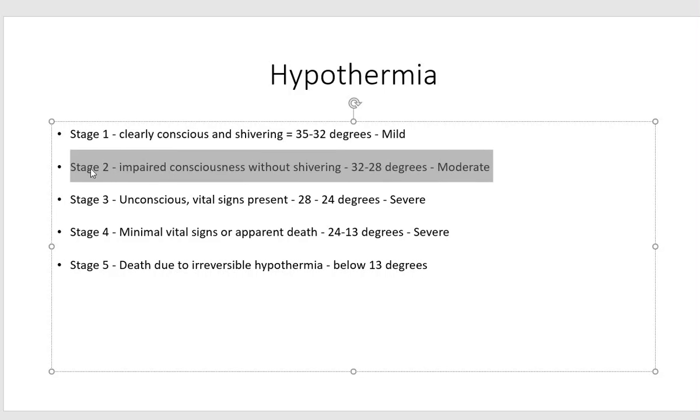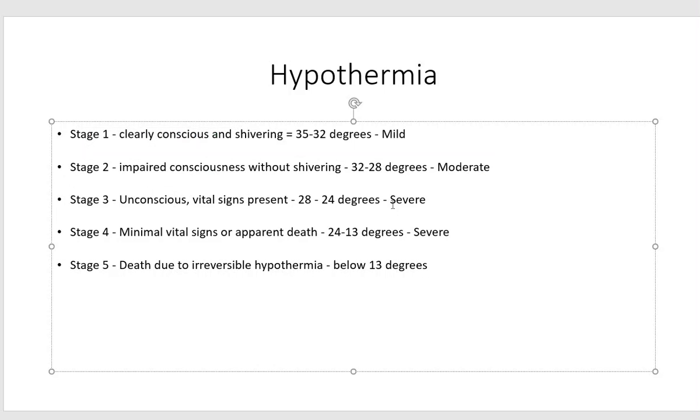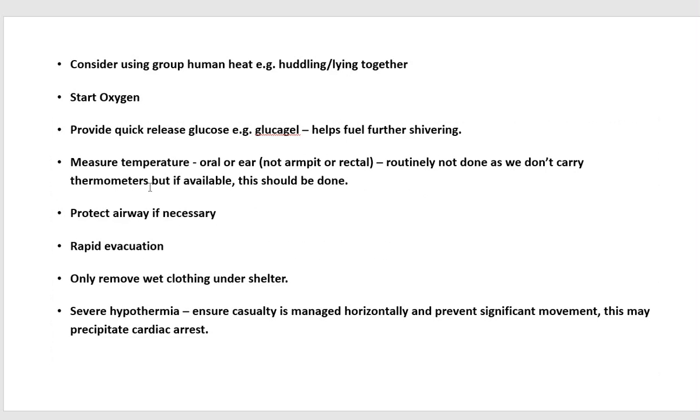Some of the teams may have seen some sort of stage 2 this winter gone by, and I'd be surprised, but only because it's just less common that we're able to find and treat these patients. But some of the teams may well have seen some sort of stage 3 hypothermia.